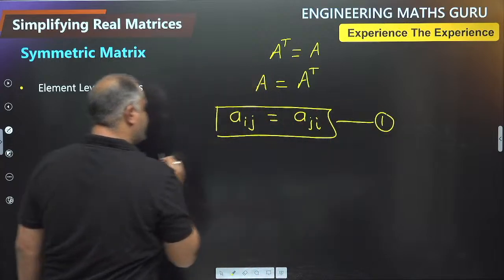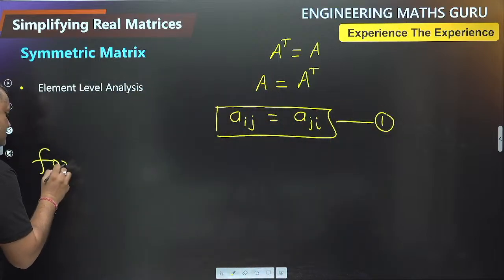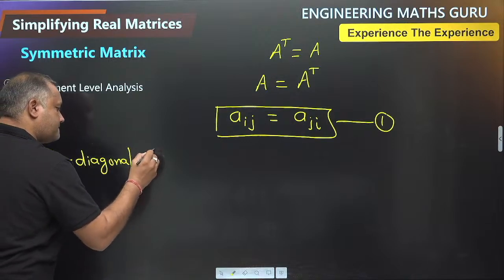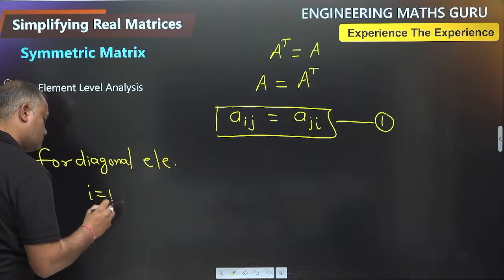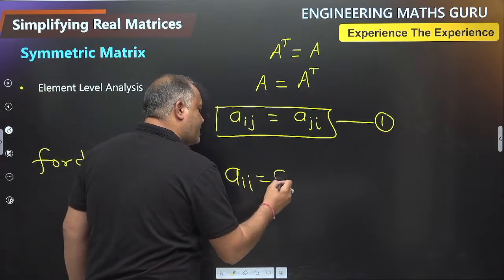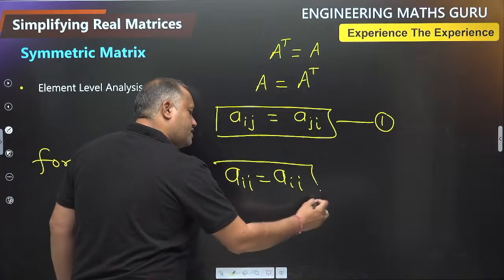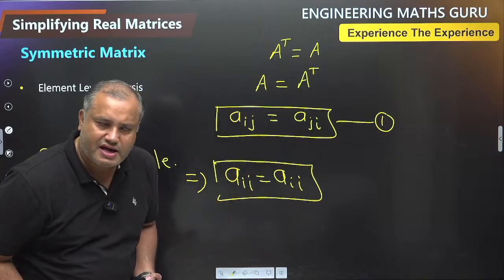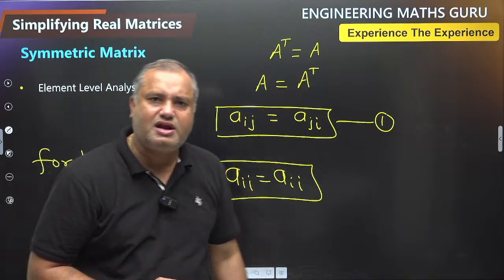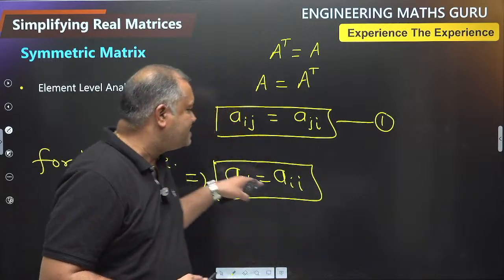For diagonal elements, i equal to j. So i equal to j means Aii equal to Aii. So we know that Aii is equal to Aii, but does it mean any condition imposed on the diagonal element? Not at all. Is any condition being imposed on the diagonal elements?